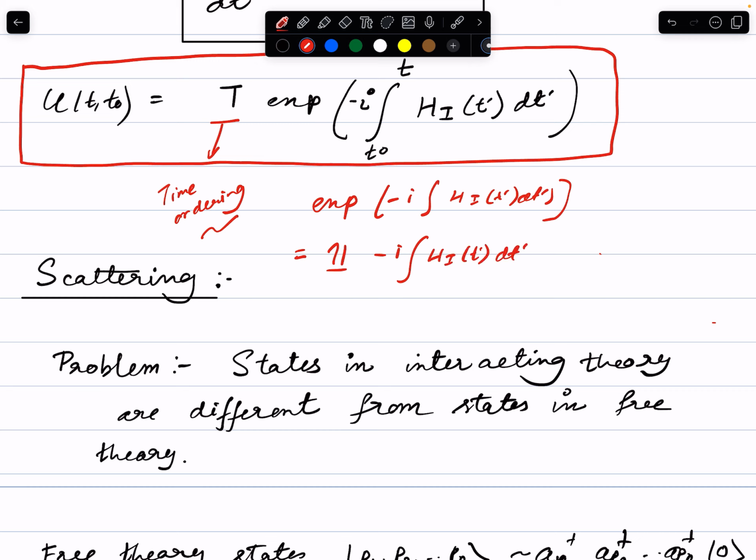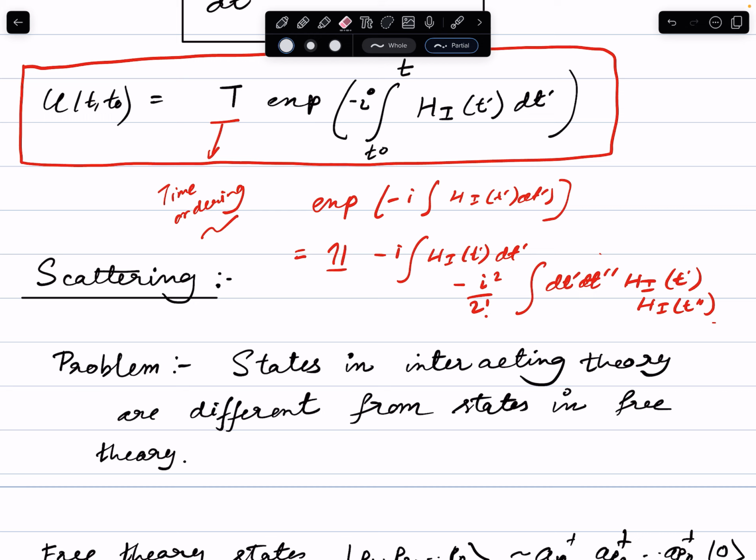No problem here because it is just one integral, but then I have i squared by 2 factorial, dt' dt'' H_I(t') H_I(t''), things like this. And here it becomes an issue as to which of these should go first and which should go second. There is no correct order, because writing H_I(t') first and H_I(t'') next is different from writing H_I(t'') first and H_I(t') next.